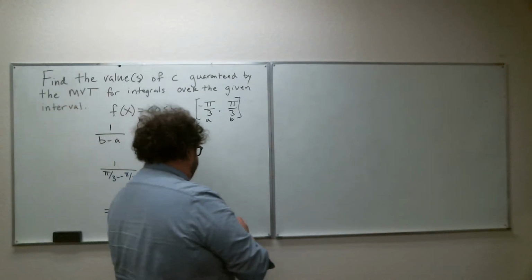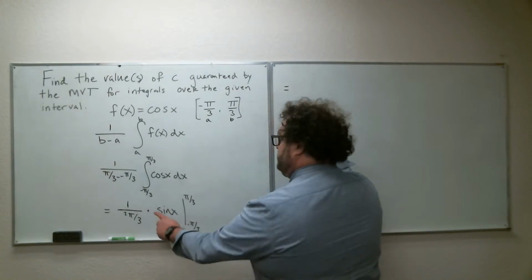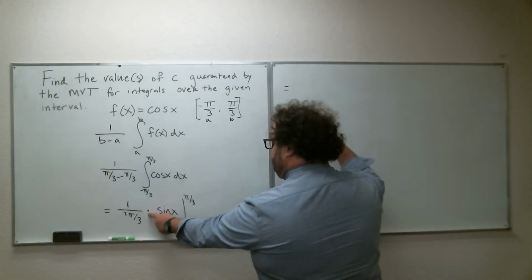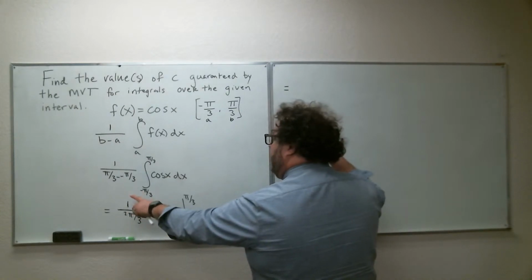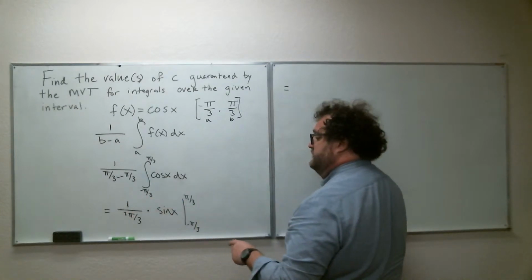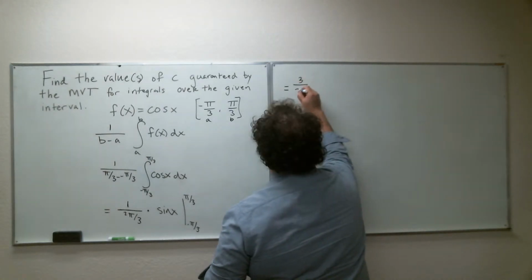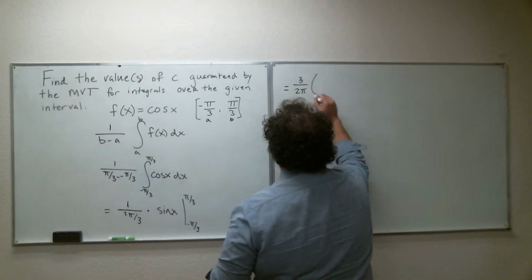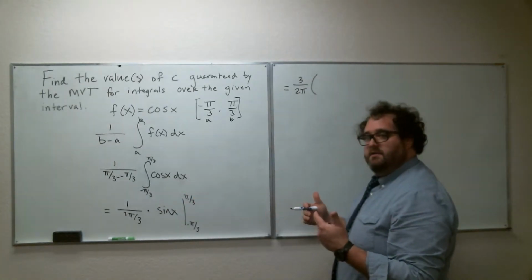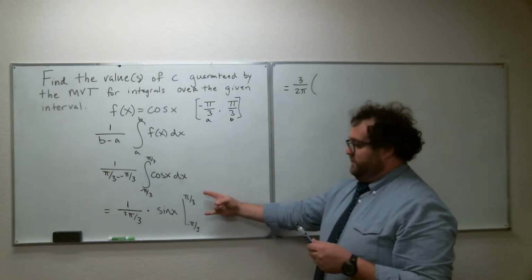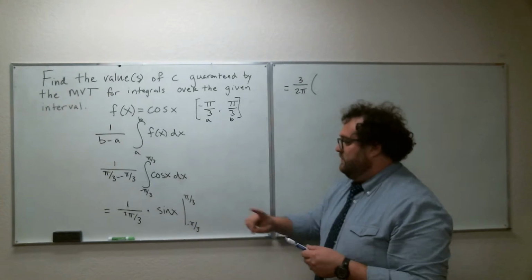So let's move over here. Equals. So we can now remedy this complex fraction here. 1 divided by 2 pi over 3 is going to be 3 over 2 pi. Now, we can kind of ignore that for the time being. It's just a constant while we work out the fundamental theorem of calculus here.